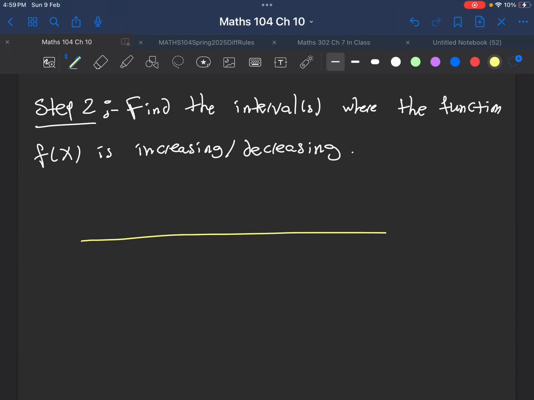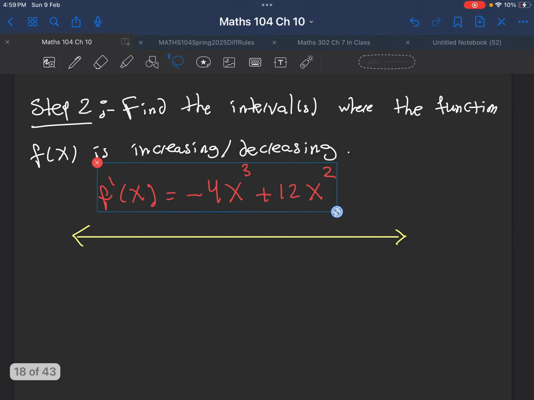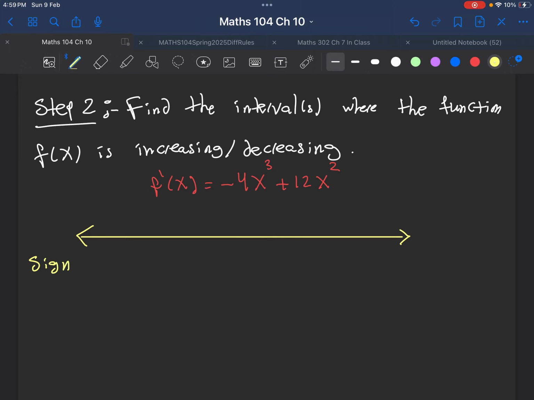So how we will do that, as we just mentioned, we will have the number line, and we will have the derivative, just pasted here. And now you need to tell me what is the sign of f prime of x. So we have only 2 numbers. We have 3 and we have 0.